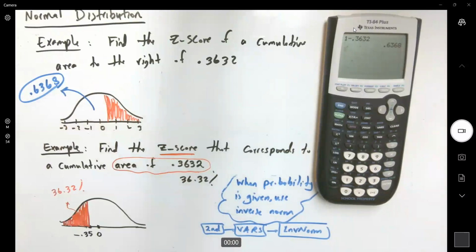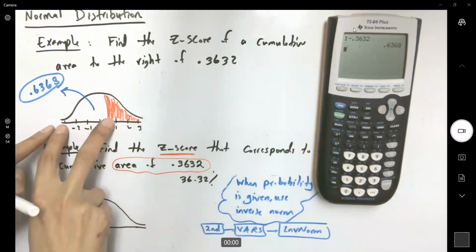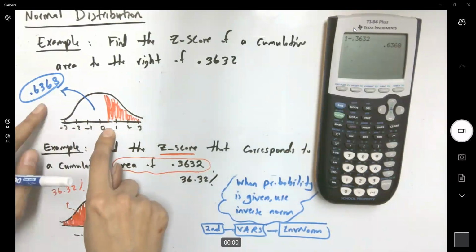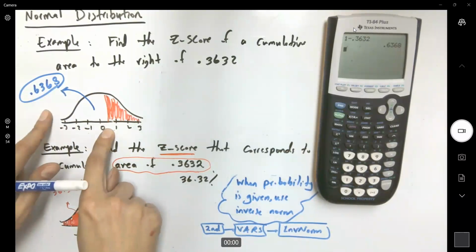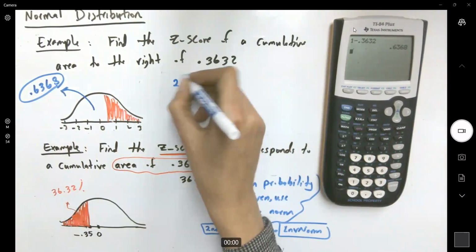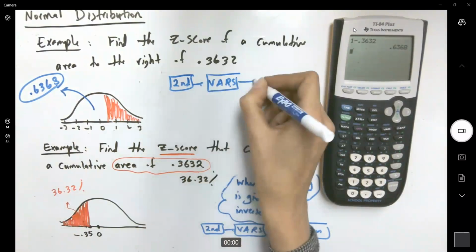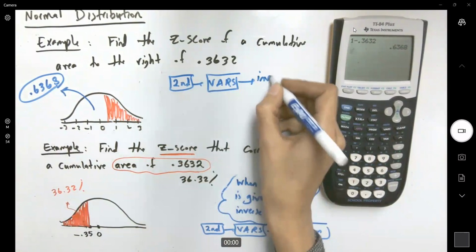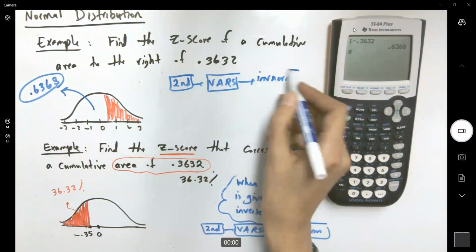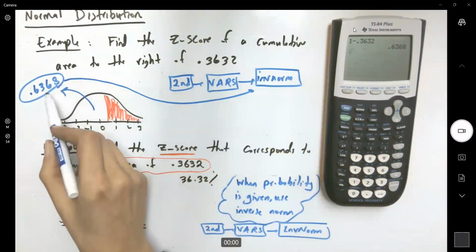This is 0.6368. Now you have to use the inverse norm for this area because calculator has the function that only calculates the Z-score for the left-hand side area. So now go to second, vars, and then inverse norm. For the inverse norm, you have to use the area on the left.